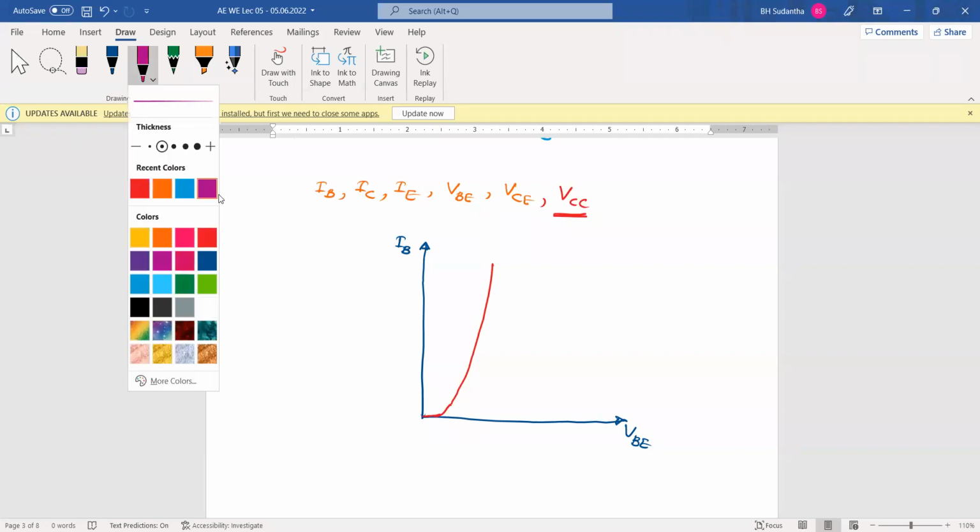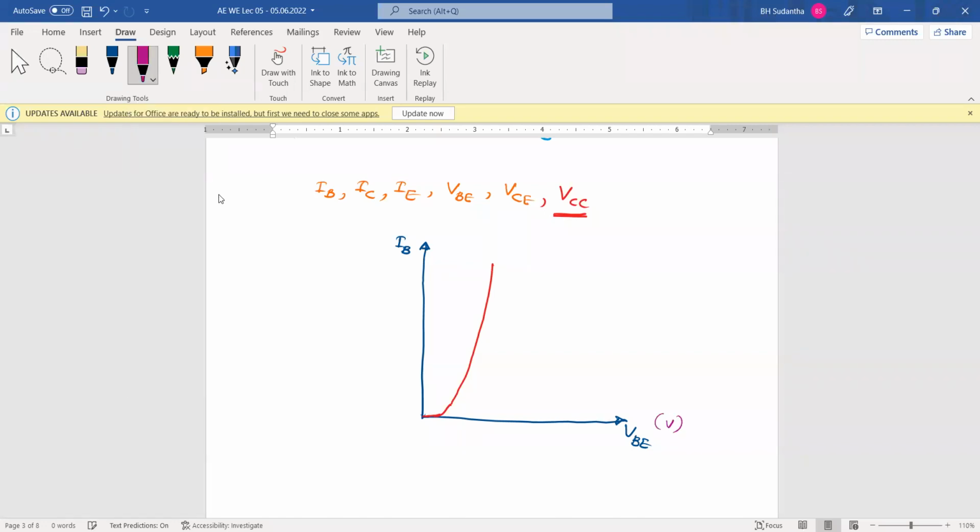Normally this VBE may be in volts and this one, IB, is in microampere or milliampere range. It's a very small current.